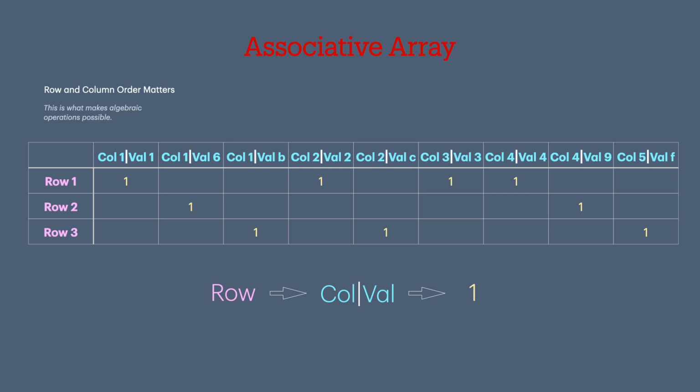The cell itself is reduced to a simple logical indicator, 1. No information has been lost. We've changed where the information lives. Taken together, ordered rows and columns and values promoted into the structure, these characteristics are what makes algebraic operations possible. We will return to this transformation later.